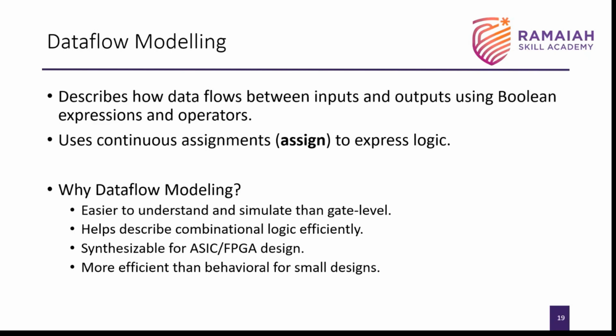Why we use data flow modeling is because it's very easy to write, easy to understand, and easy to simulate compared to gate level. If you're using combinational logic, then it is very easy to describe it in data flow modeling. It can also be synthesized into ASIC or FPGA design. That means you can dump the code directly onto the FPGAs.